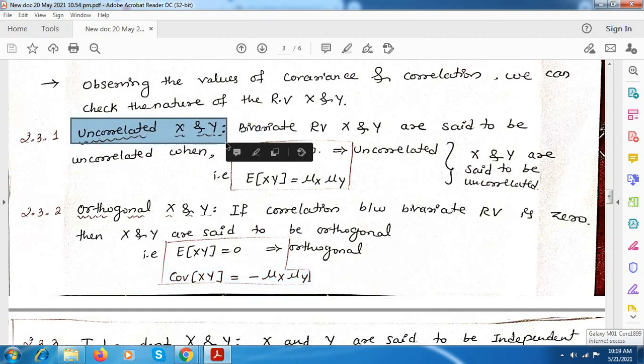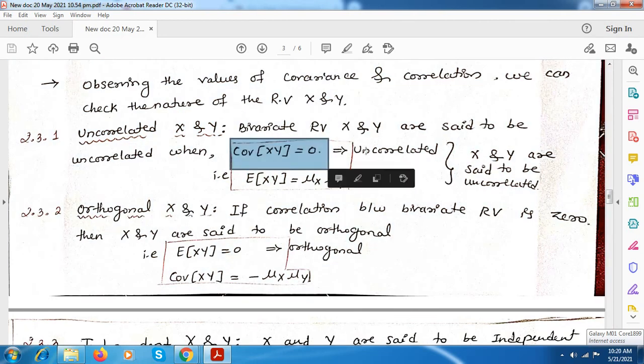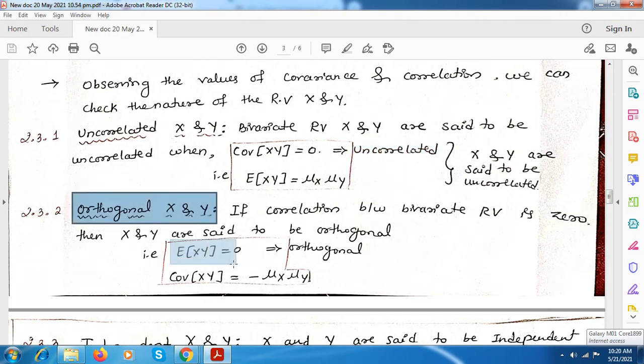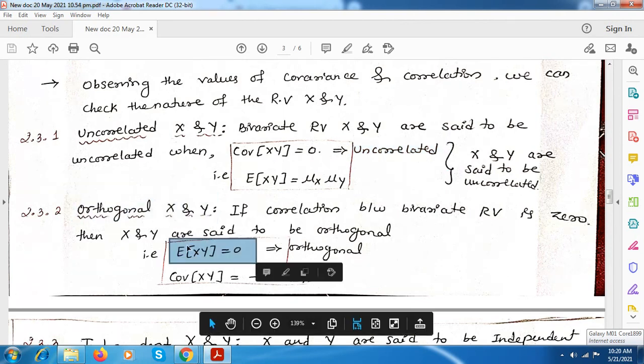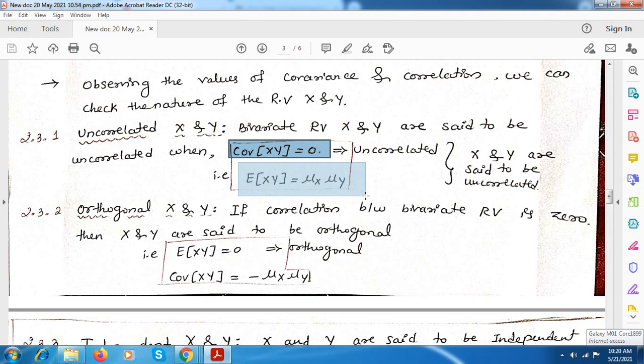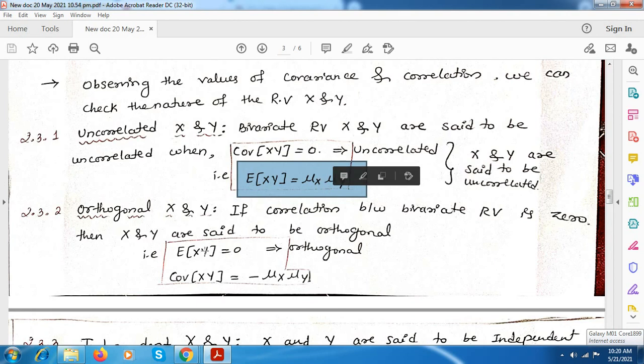First one, when covariance is equal to 0, we call it uncorrelated. Next one, when E of xy is equal to 0, we say both the signals are orthogonal to each other, or these x and y random variables are orthogonal to each other. Here if you put covariance equal to 0, you get the correlation E of xy equal to the product of mu x and mu y.